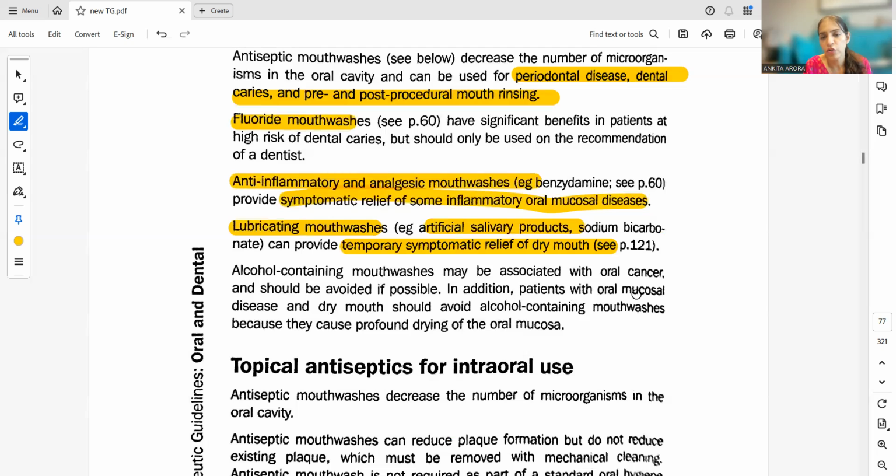In addition, patients with oral mucosal diseases and dry mouth should avoid alcohol-containing mouthwashes because they cause profound drying of the oral mucosa. The commonest example of an alcohol-containing mouthwash is Listerine.